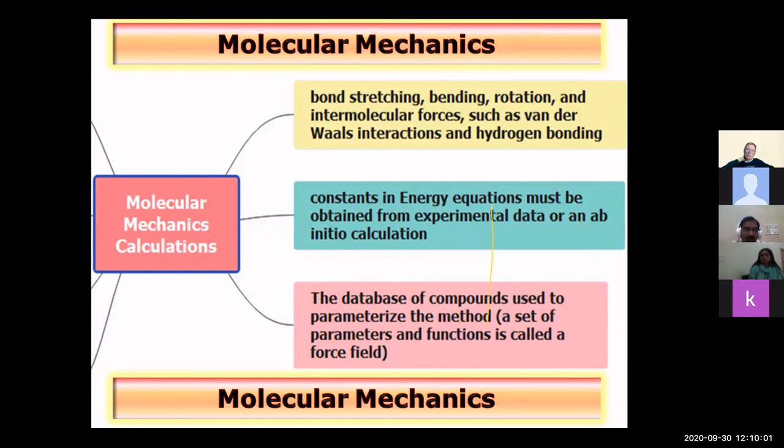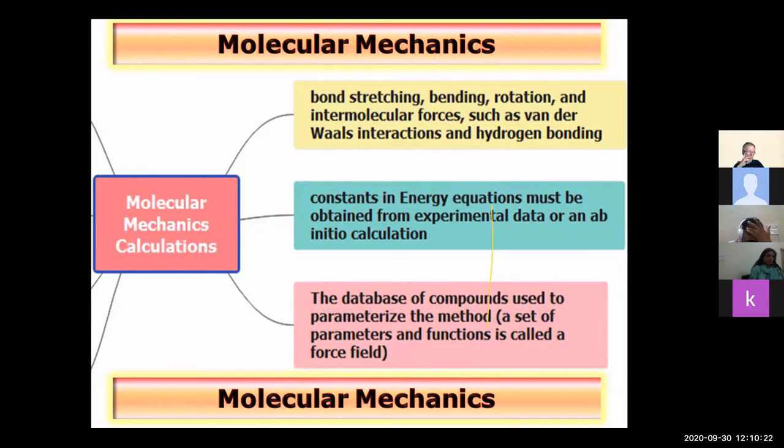The energy expression consists of simple classical equations, such as the harmonic oscillator equation, in order to describe energy associated with bond stretching, bending, rotation, and intermolecular forces such as van der Waals interactions and hydrogen bonding.